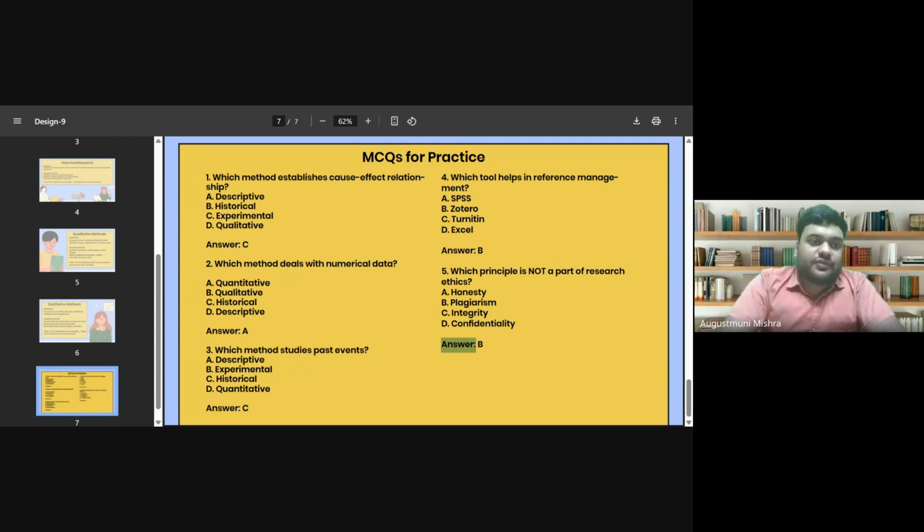Honesty, like if you are fabricating the data, if you are manipulating the data, so honesty is important. Plagiarism is also a part of ethics. Confidentiality is also part of that. Integrity is not part of that.